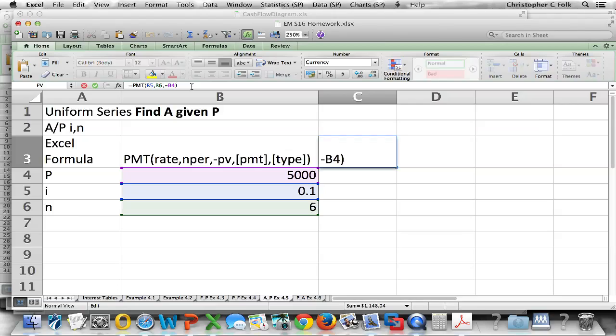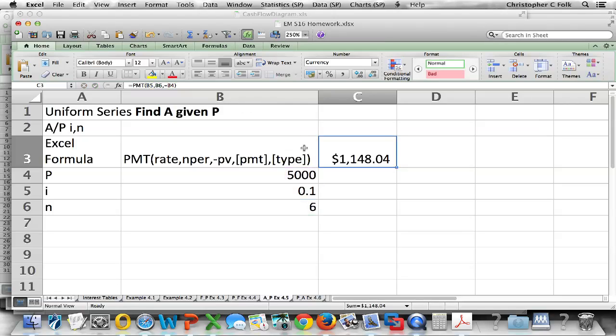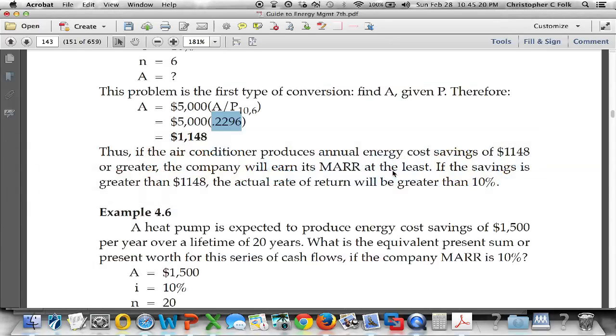The present value, sure enough, B4, that's the $5,000, and we have to make it negative. B6 then is the number of years, and the rate shows up in B5. So there we go, and it comes out to be $1,148.04. The textbook tells us they skipped the 4 cents.